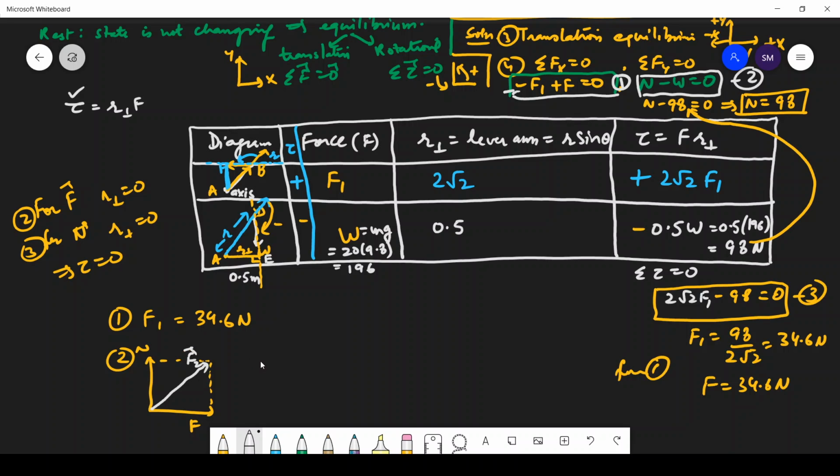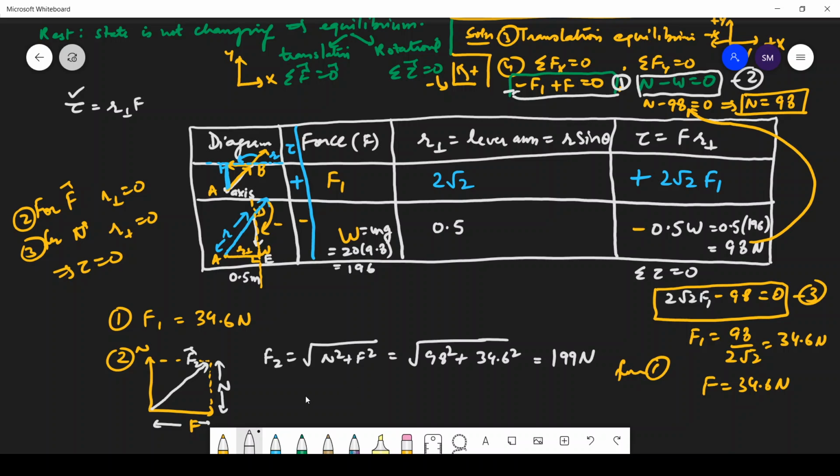Okay, so F2, this length is N, this length is F, right? So the magnitude of F2 is equal to the square root of N square plus F square. You know the value of N, that is 98 square, and you know the value of F, that is 34.6 square, and solving this you will get 199 Newton.